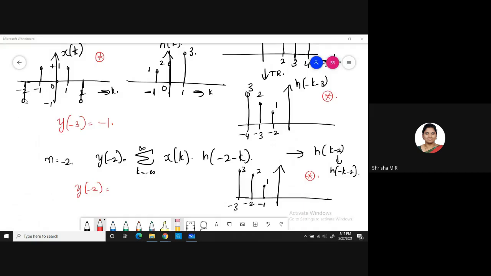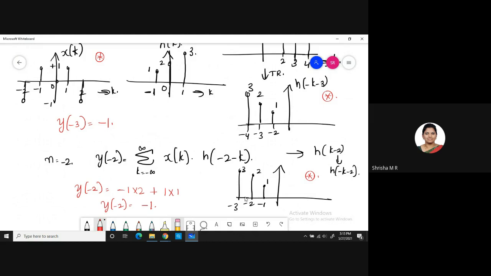So at -2 you have -1. Here at -2 you have 2. So -1 into 2 plus at -1 it's overlapping, right? So 1 into 1, correct? Plus 1 into 1. So y of -2 is -2 plus 1, it is -1.